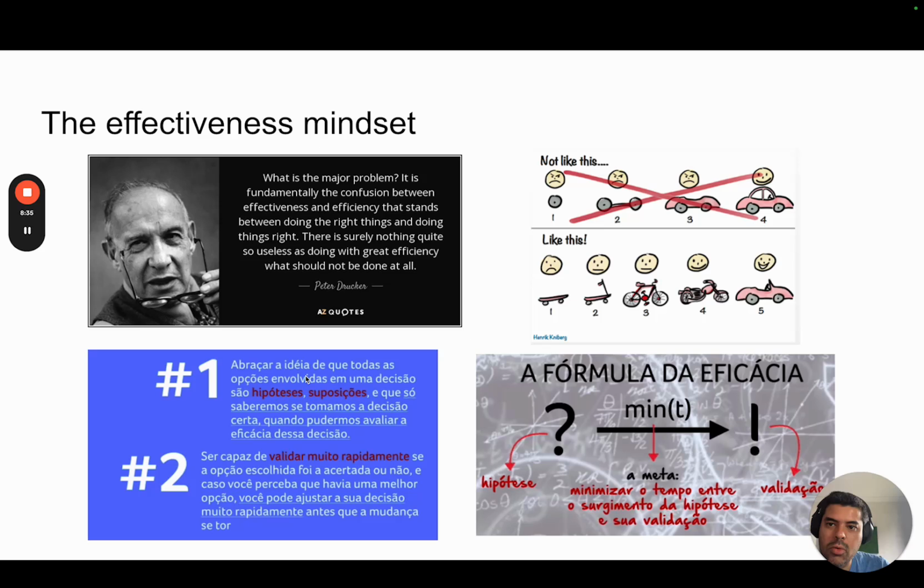So how do we do the effective mindset, right? We need to embrace the idea that all the options involved in a decision are hypotheses, are assumptions, and that we only know if we made the right decision when we can evaluate the effectiveness of that decision. You don't know before, you only know after, right?